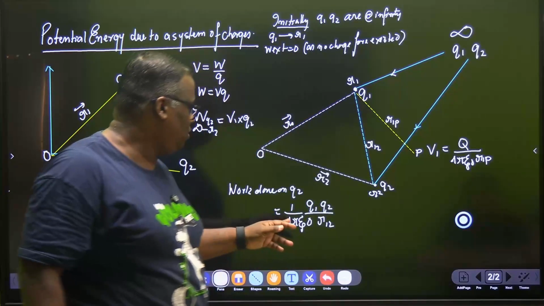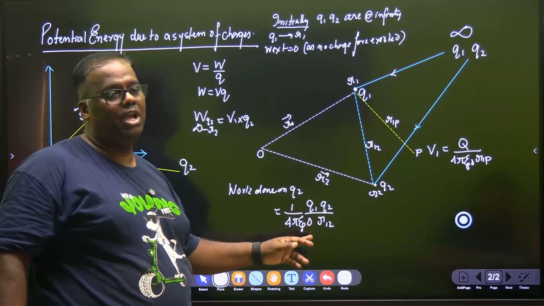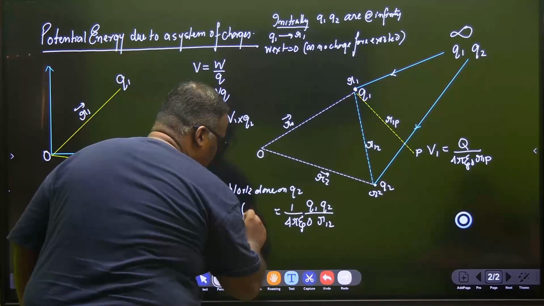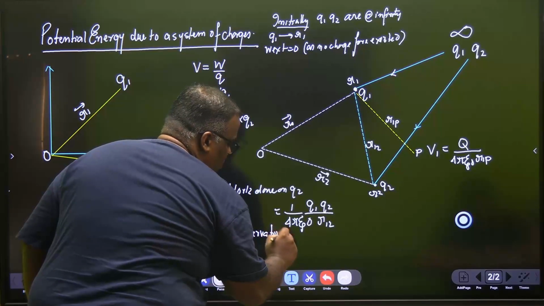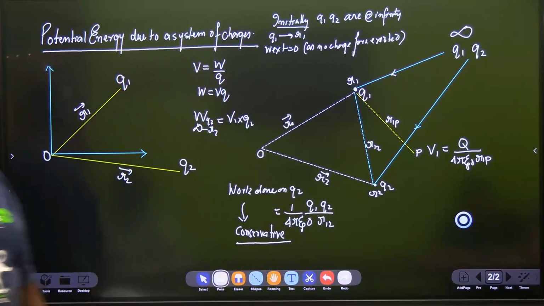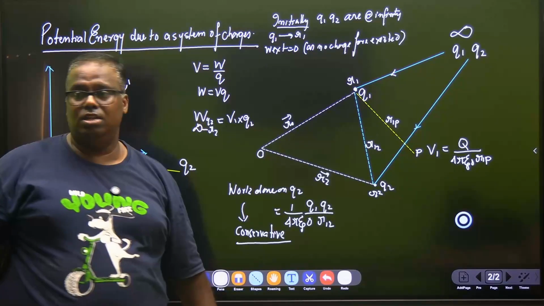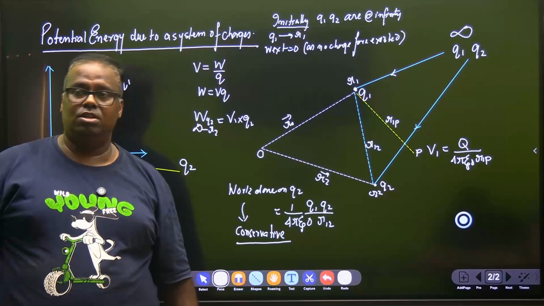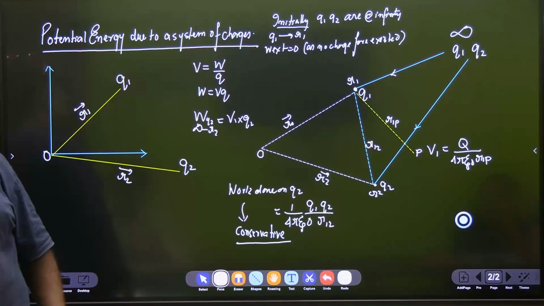What is your external work? 1 by 4 pi epsilon 0 q1 q2 by r12. This work is conservative, because this work is done against electrostatic force, and electrostatic force is a conservative force. A conservative work does not depend upon the path taken.